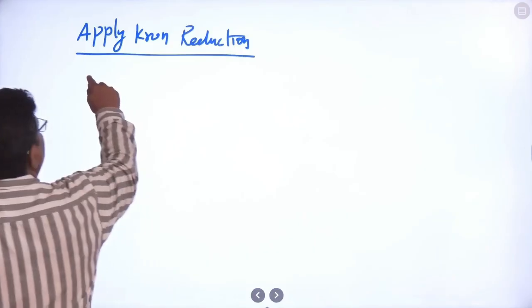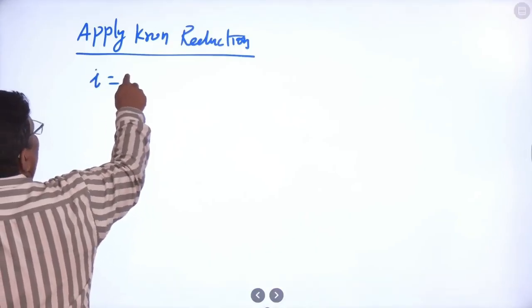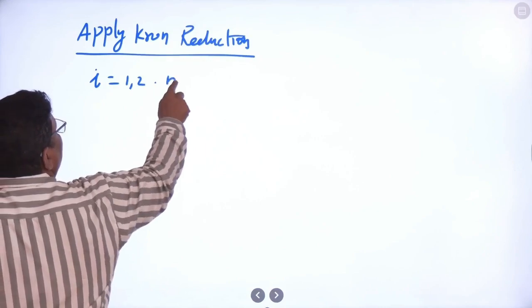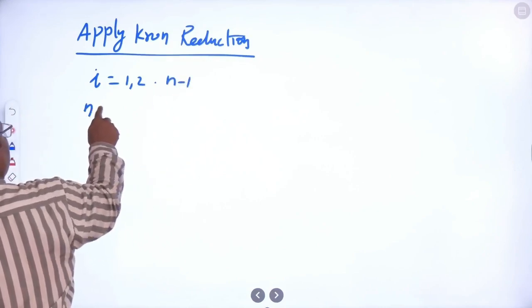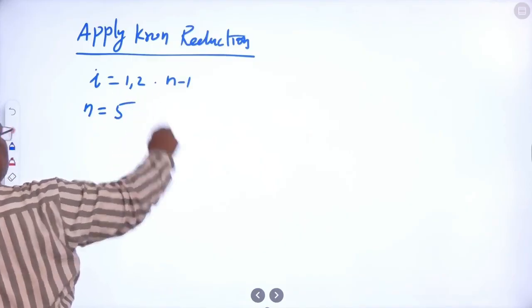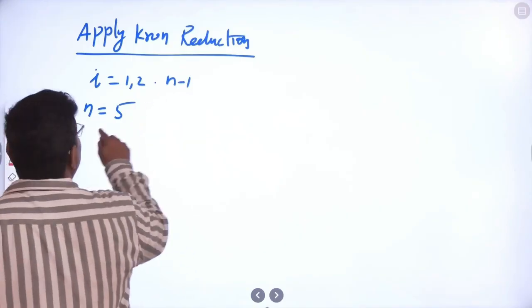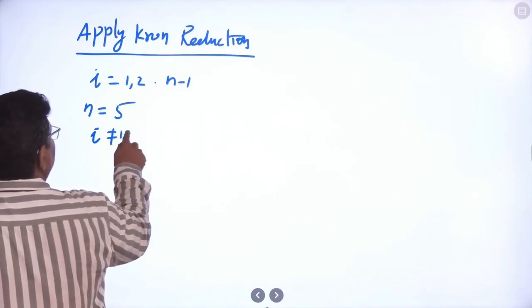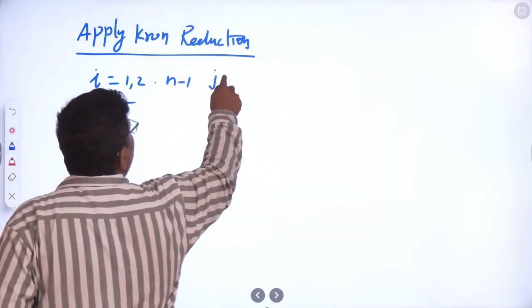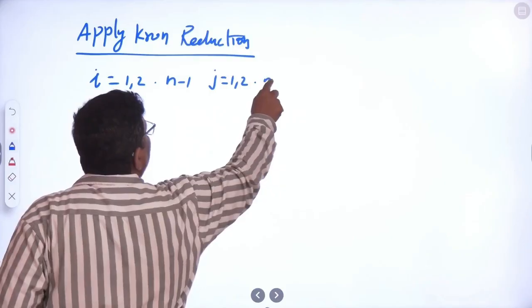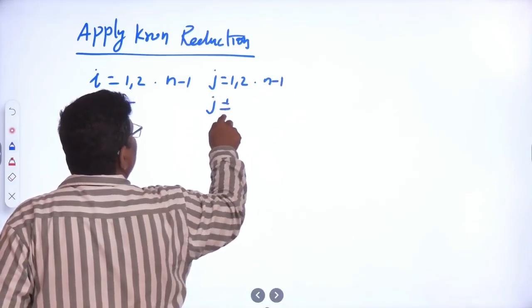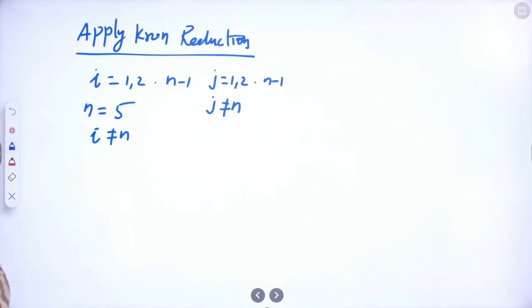In Kron reduction, i equals 1, 2, 3, ... n minus 1, because we have to eliminate the last value, that is n equal to 5, the fifth row and fifth column, so i is not equal to n. Similarly, j equals 1, 2, ... n minus 1, and j is also not equal to n. Clear? After applying Kron reduction, we get the original Z bus, and its size is a 4 cross 4 matrix.